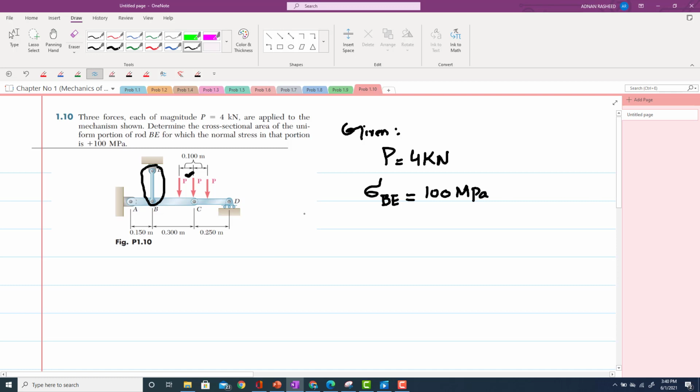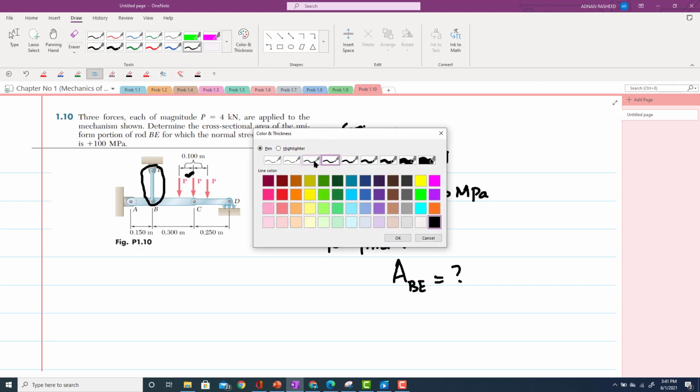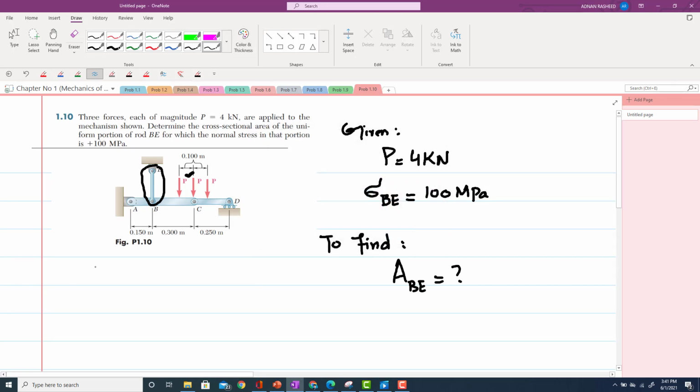And what we have to determine, we have to find the cross-sectional area of this rod BE. So we have to find area of BE, cross-sectional area of BE. So let's start with the problem solution.